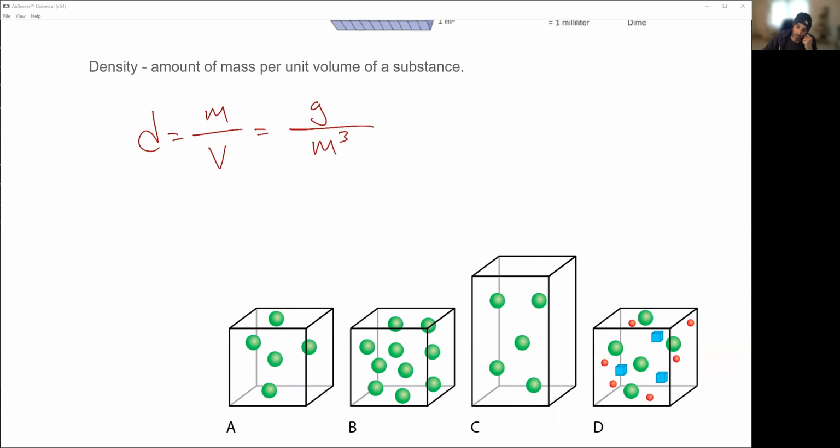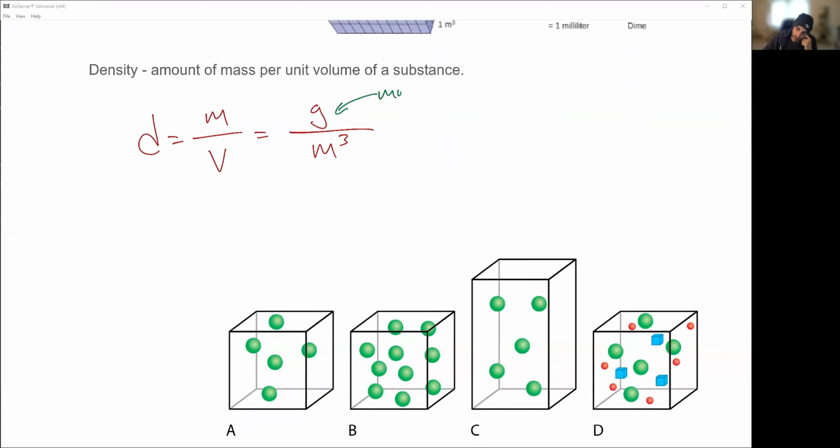Again, we have mass, a base unit, divided by the volume, which was our derived unit. And we have now a new derived unit, which is density.